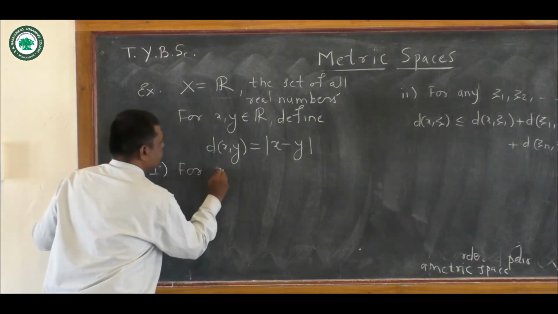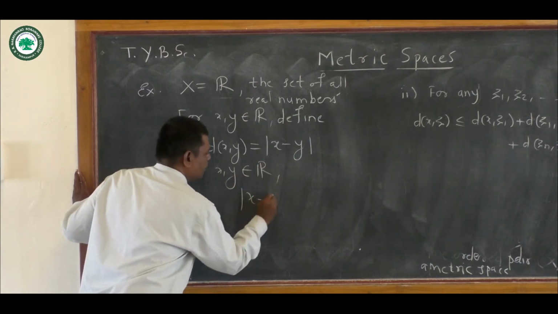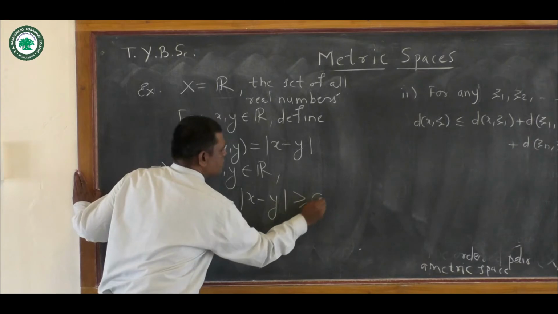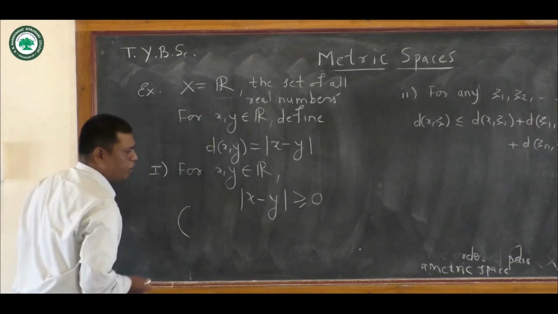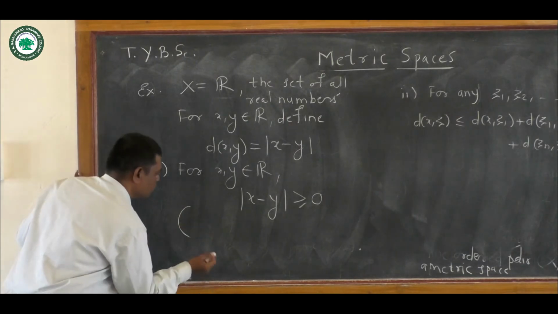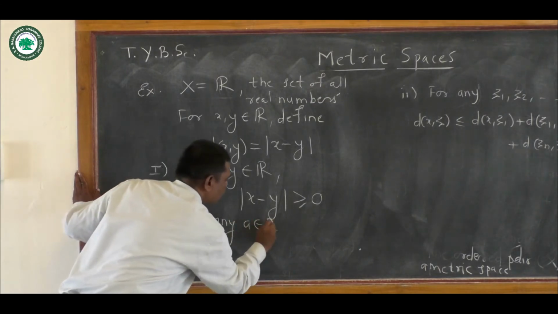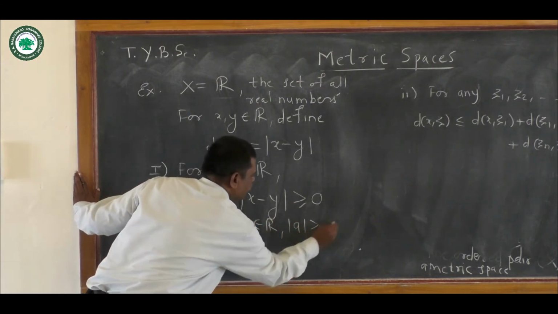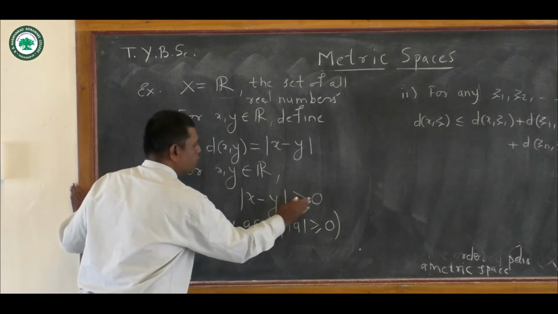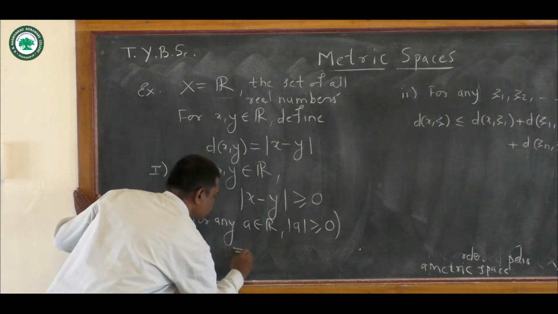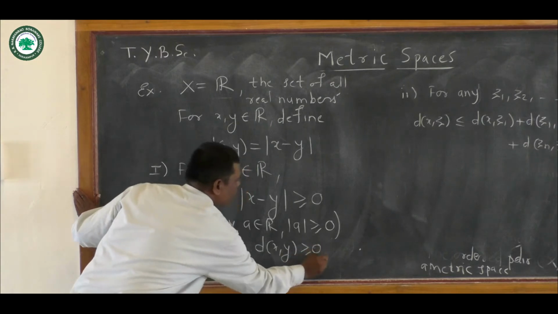For x and y belonging to R, we know that mod of x minus y is always greater than or equal to 0, because of the property of the modulus or absolute value function, that is, for any a belonging to R, the absolute value of a is greater than or equal to 0. So mod of x minus y is greater than or equal to 0, which implies that the distance between x and y is greater than or equal to 0.